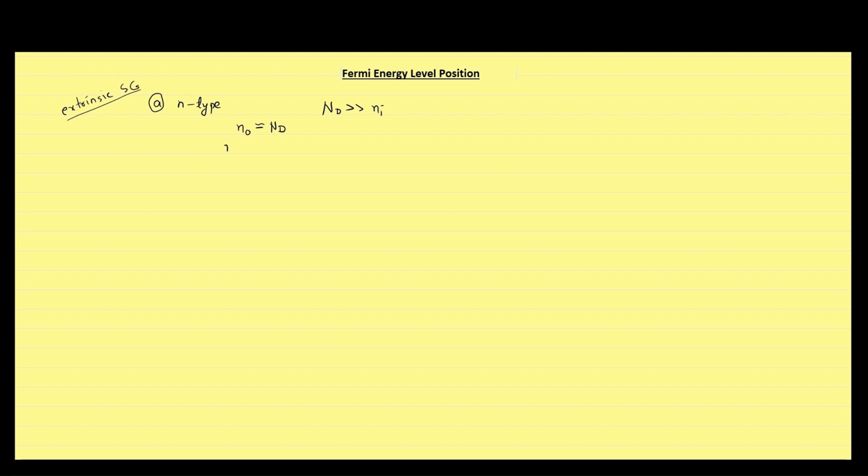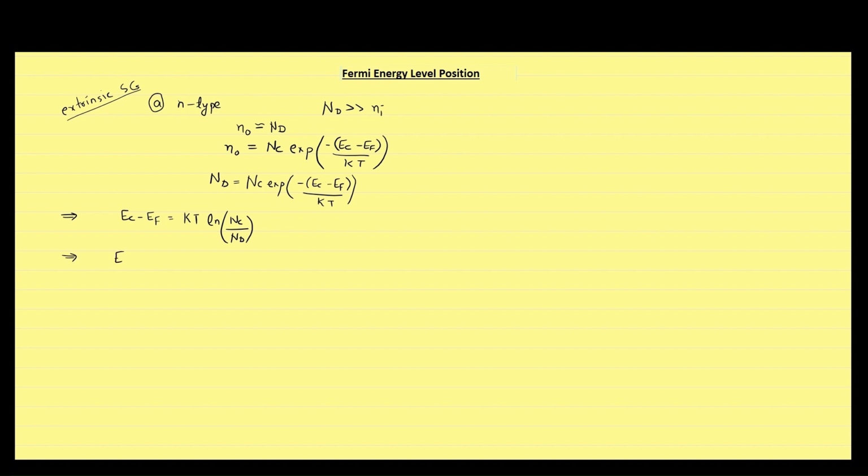Now, as we know, free electron concentration is equal to... Replacing N0 by Nd, we will have... so the Fermi energy level will be equal to Ec minus kT multiplied by natural logarithm of Nc divided by Nd.